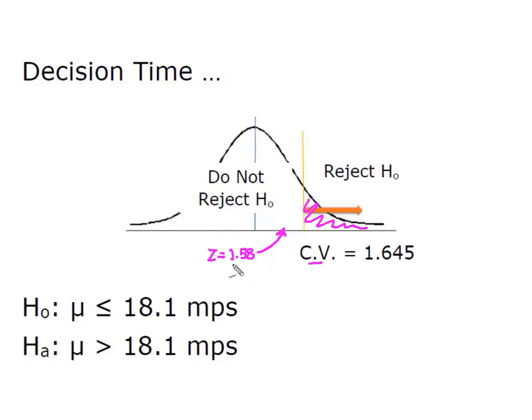And since the z is less than the critical value, our decision will be do not reject H0. So when we draw our conclusion, there is insufficient evidence at this time to conclude that the average speed that a greyhound can run is greater than 18.1 meters per second.